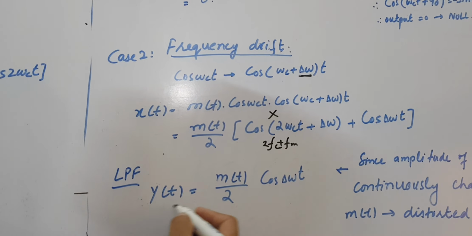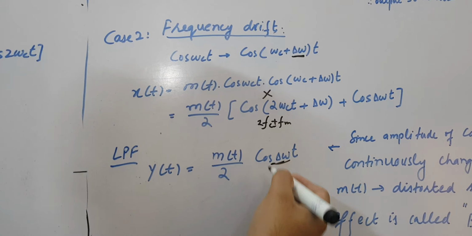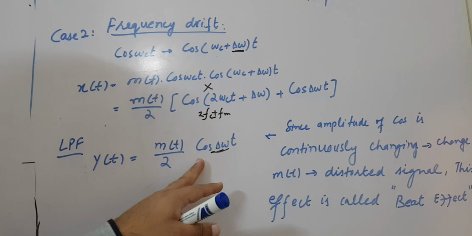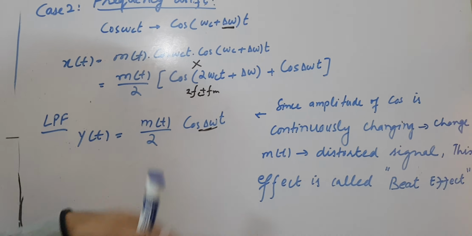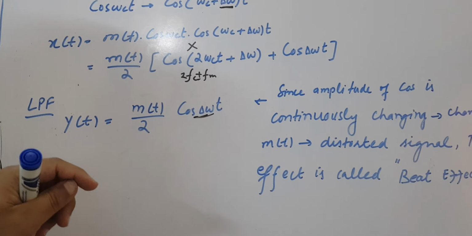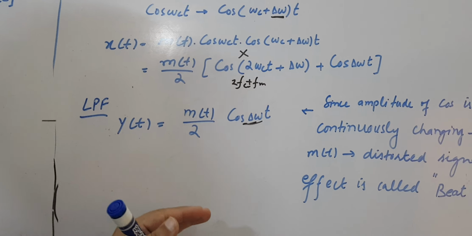Only this is the output of the low pass filter: m(t)/2 cos Δω. Since the amplitude of the cosine is continuously changing, it will change the amplitude of the message signal as well, so you will get a distorted signal at the output.